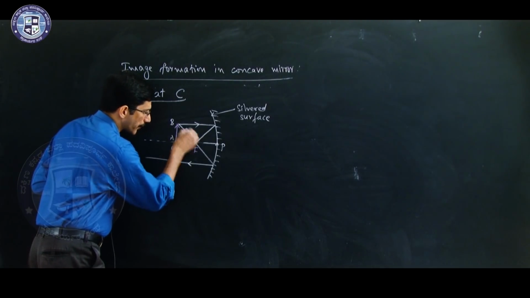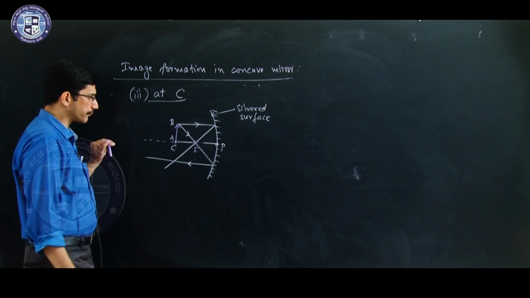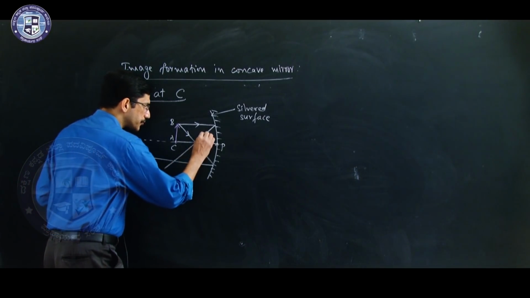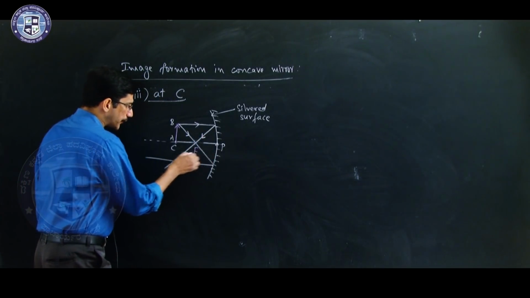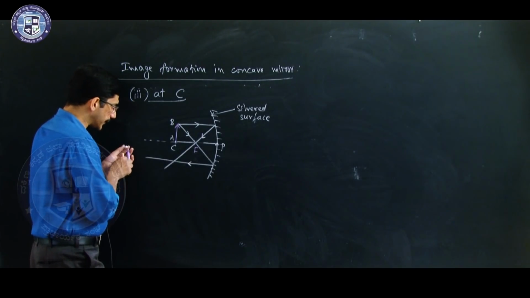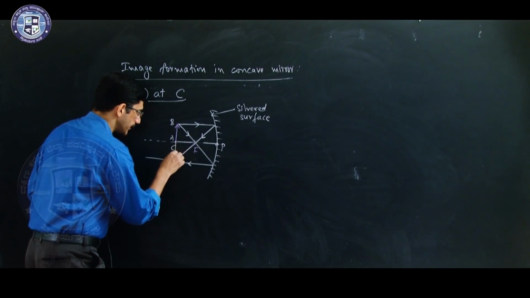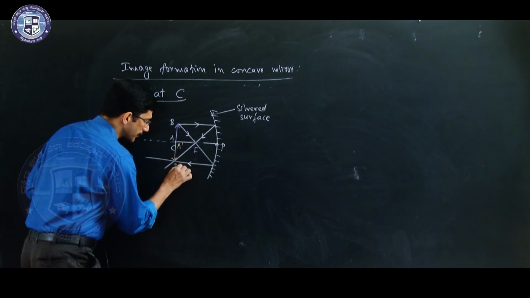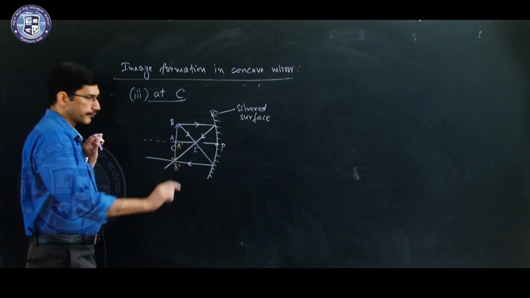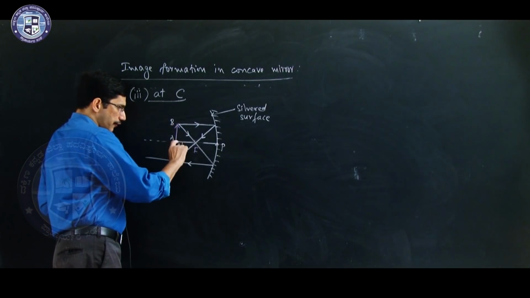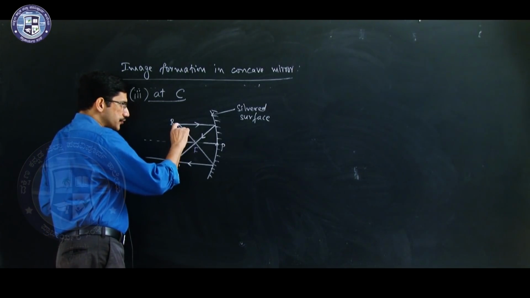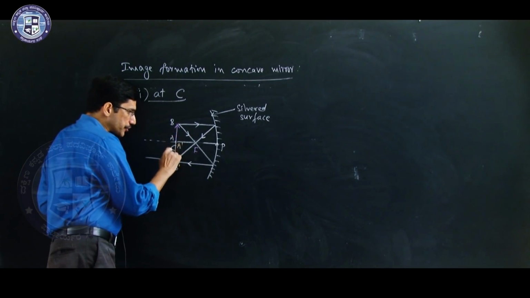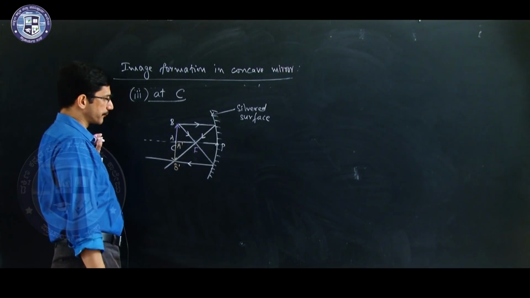These two reflected rays will meet at a particular point, forming the image. So, this image that is being formed now is A dash B dash. Now, the image is formed below, and the size of the object is equal to the size of the image when the object is at C.